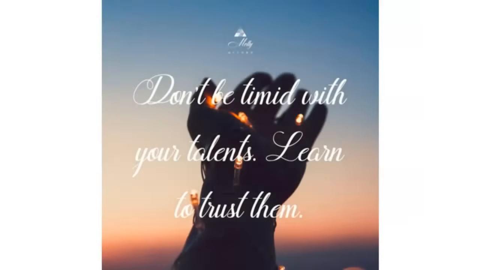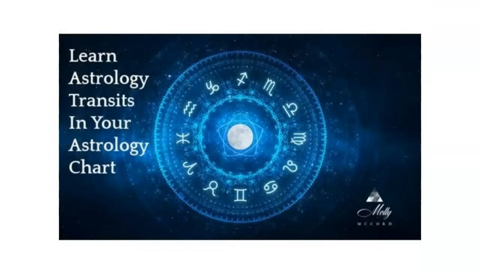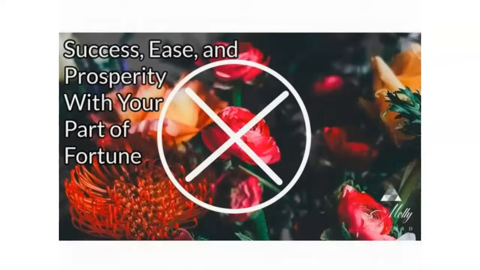So when you understand the ruling planet of your part of fortune, then you're going to have more of an understanding of how this point, because remember, it's a point, expresses itself and where it goes to for support. So if your part of fortune is in Libra, it goes to the ruling planet of Venus for support and for greater clarification of how the energy is expressed, naturally comes through, and what it seeks out as well.